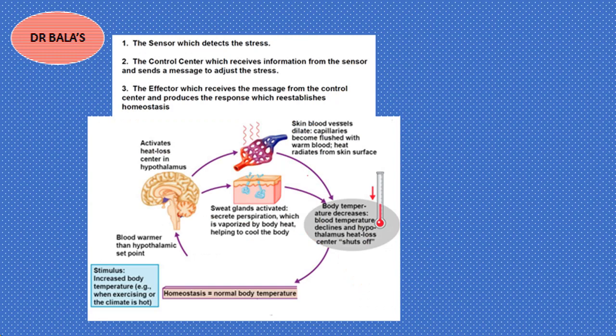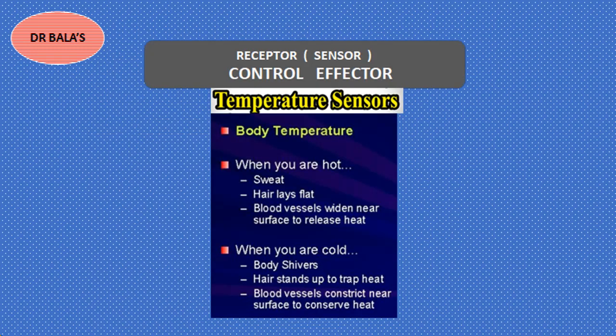This produces relaxation of the blood vessels, so more blood goes outside. It also stimulates the sweat glands, and through the sweat and more blood flowing through the blood vessels, heat is lost. This is during increased temperature outside.